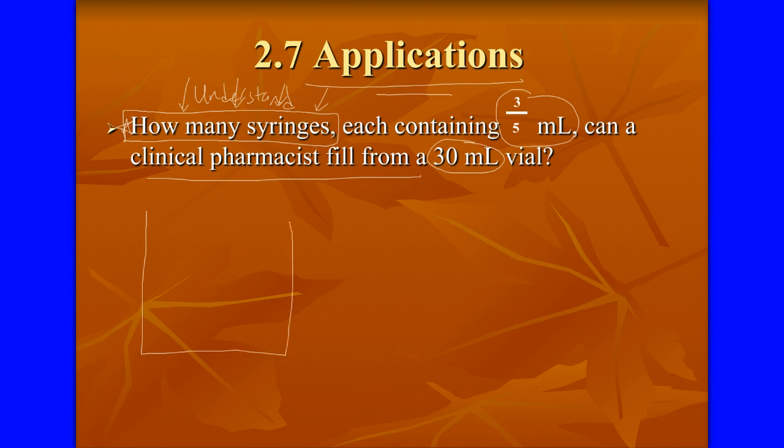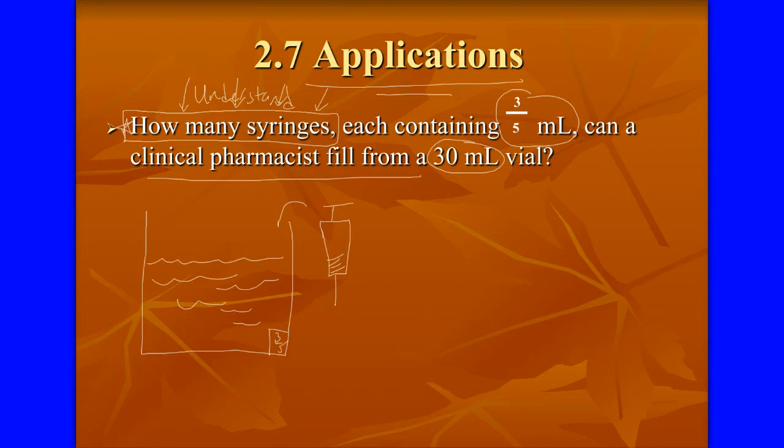Okay, let's draw a little picture to make sure we understand what's happening here. Picture this. This is a vial full of liquid. And a pharmacist has a whole bunch of syringes. Needle here. He takes the needle, puts it in there, and takes out 3/5. So he subtracts 3/5.